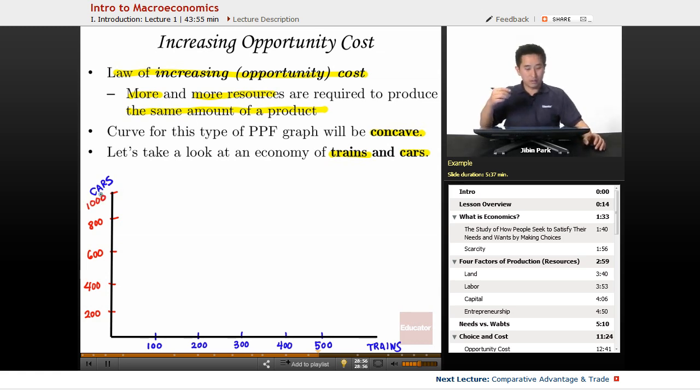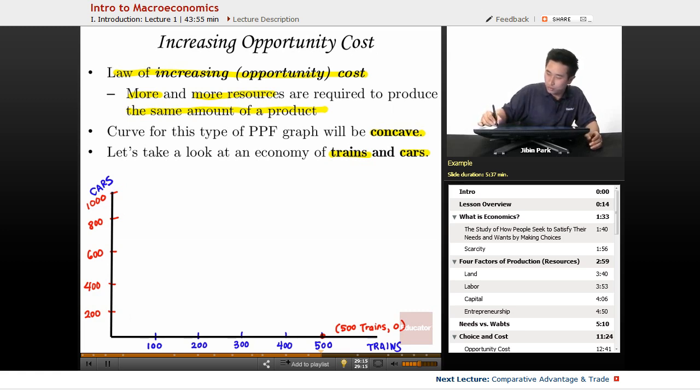An increasing opportunity cost production possibilities frontier will take more of a concave shape, but let's use the two extremes here. Let's say that they can produce 500 trains or 0 cars. So that would be one extreme. And another extreme would be, well, let's produce all cars but no trains. So it would be 0 trains but 1,000 cars.